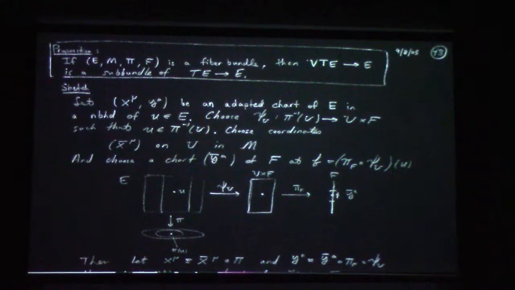The larger point is that this subbundle picks out a complementary subspace to the vertical space in the sense that I was looking at a second ago, but now I've lost track of.